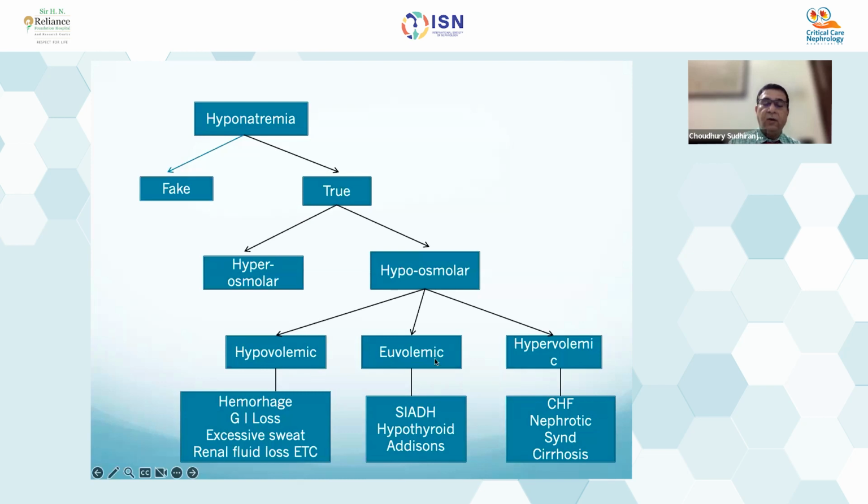And for each of the conditions of hypoosmolar hyponatremia, the treatment will differ. That is why it is very much required in our clinical practice to know which condition is prevalent in that patient, or whether it is a mixture of conditions.